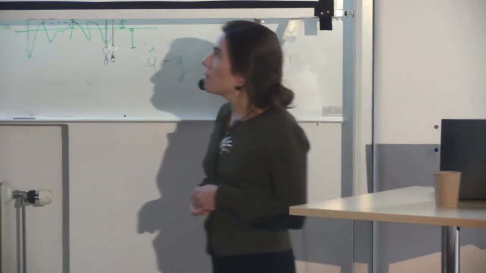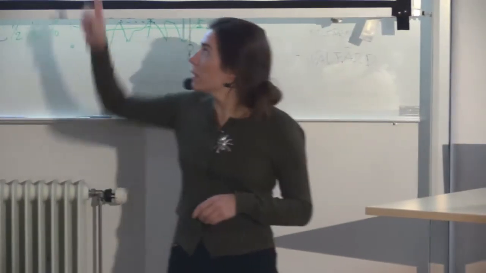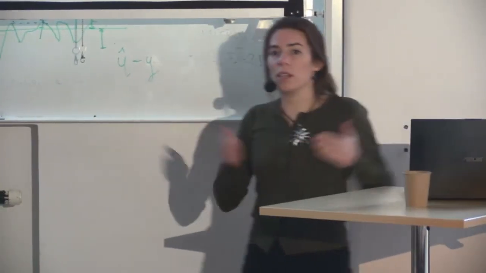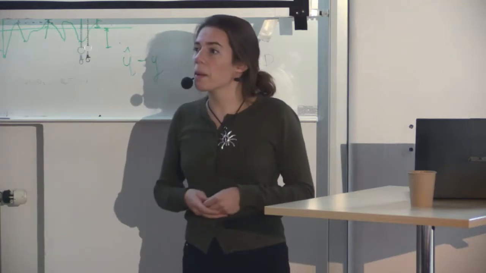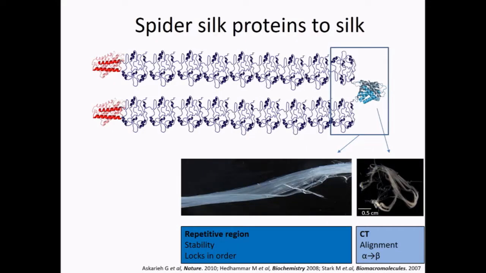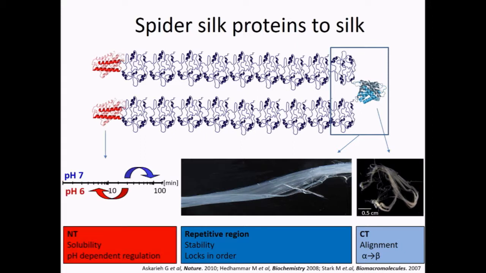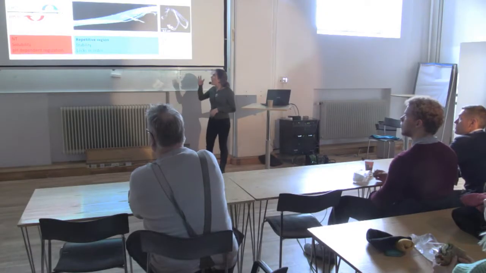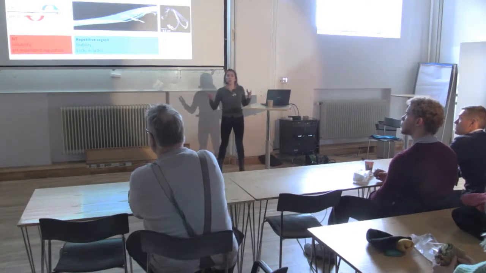And the spiders have a third part also, this in red here, that is very conserved in all spider species. But still, obviously, we can get this silk without it. But we have looked into this red part, the N-terminal part as well, and found that it has a very interesting property. At pH 7, which is neutral pH, this part helps to keep the protein in solution.